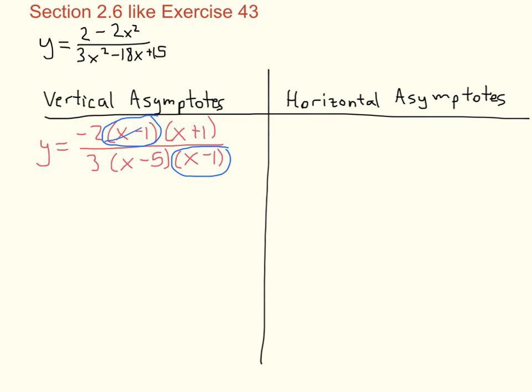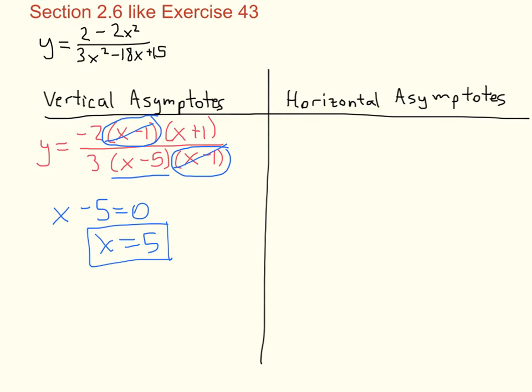So if we look at this function, those are going to cancel each other out. And so we will not have a vertical asymptote where that factor is equal to 0. But we will have a vertical asymptote here when x minus 5 is equal to 0. Solving that, we're going to get x equals 5. And that is where we will have a vertical asymptote.